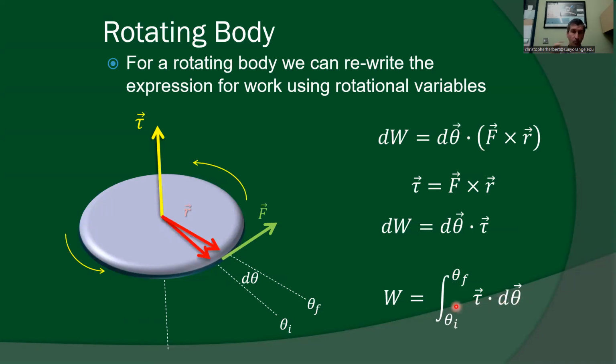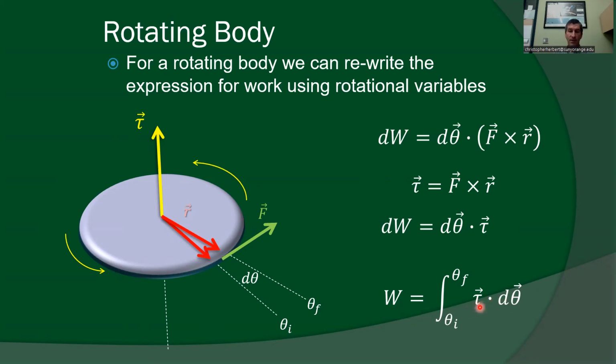So what this tells me is if I put a torque on a disk, okay, this is exactly what I expected to get. If I integrate tau dot d theta, really how much we're rotating this here, that'll give me the total work done here.